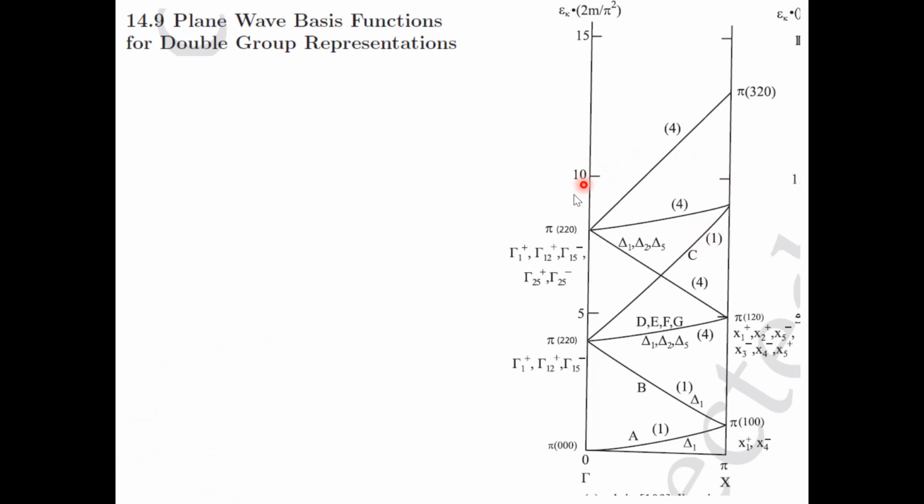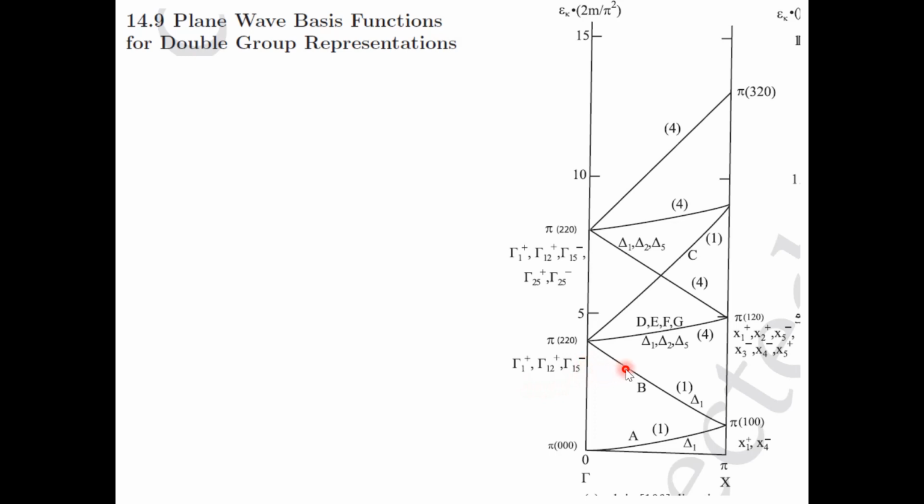This is the empty lattice band structure for a cubic crystal, and as we saw, without spin-orbit, some of the very highly degenerate levels would split just because of the crystal field, just because of the cubic symmetry, right?